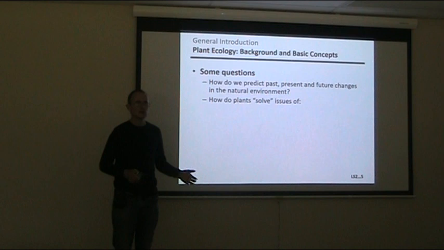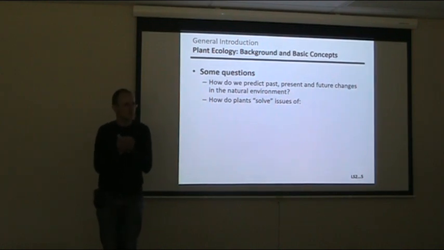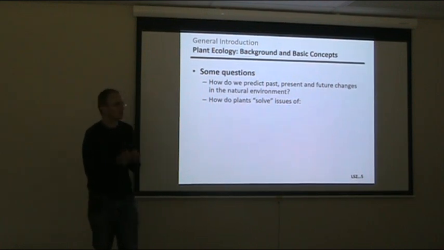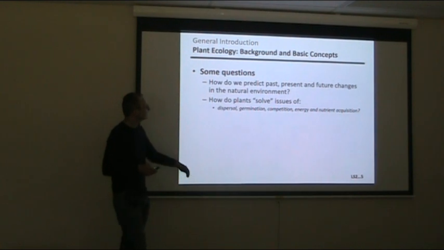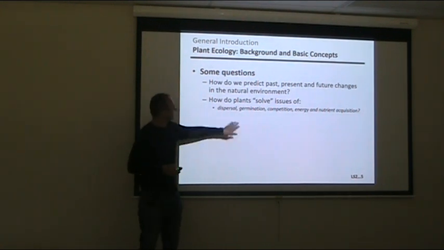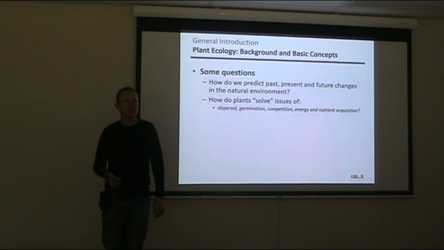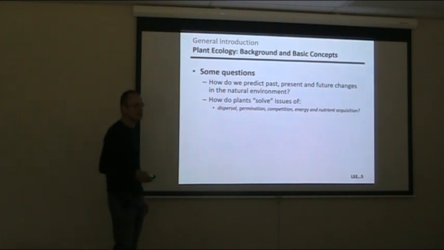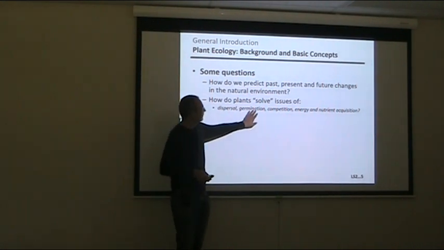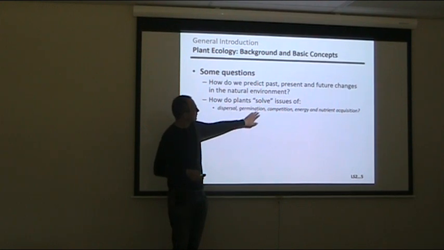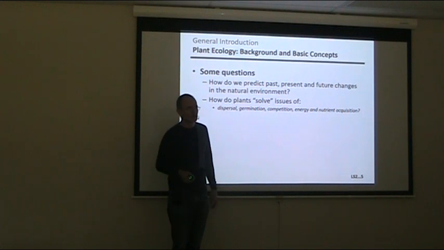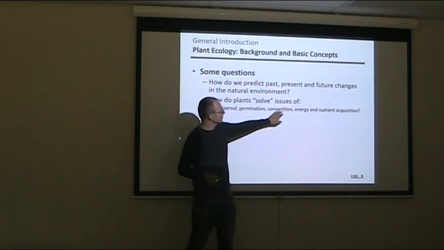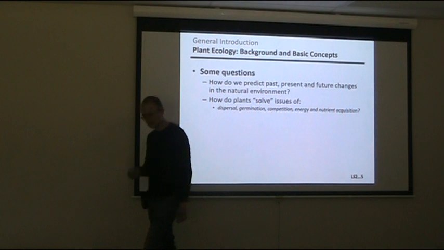So an individual plant has to sit there and weather whatever the environmental storm is, whatever the environmental difficulties are. The ways they can solve this, I've already mentioned: dispersal via seeds, so that's intergenerational movement. Then they have issues to worry about in terms of germinating, surviving, and competition. Where do they get their energy and nutrients from?